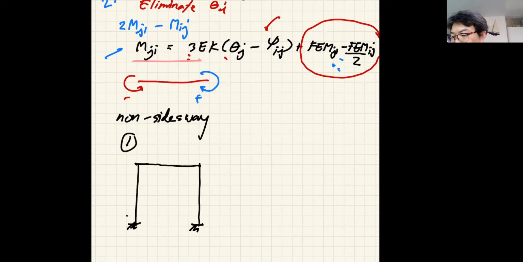Let's say the same I, same length, and the loading happens to be symmetric. So symmetric structure and symmetric loading condition.